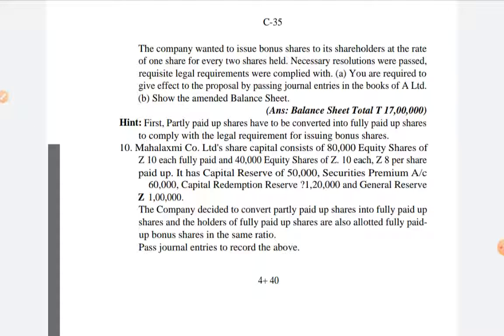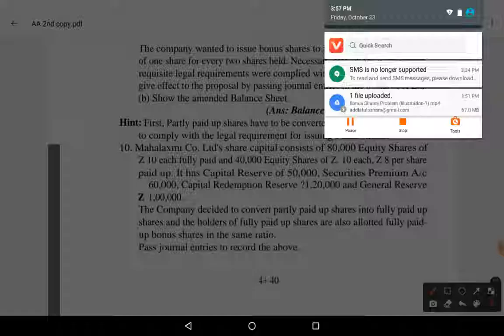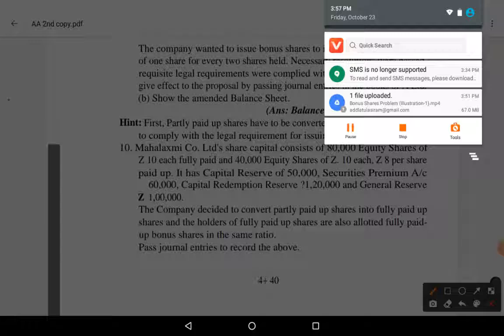See, this 10th question is similar to the problem which we did just now. This one, 10th problem. It is the same problem.